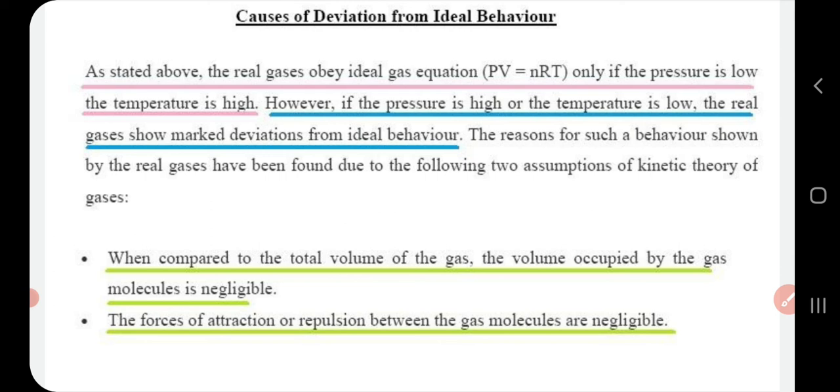Real gas deviates from ideal behavior. Now the reasons for such a behavior shown by real gases are mainly due to the following two assumptions. Which are the assumptions? When compared to total volume of gas, volume occupied by gas molecules is negligible. That is the first assumption. The second assumption is that the attractive or repulsive force between gas molecules is negligible.